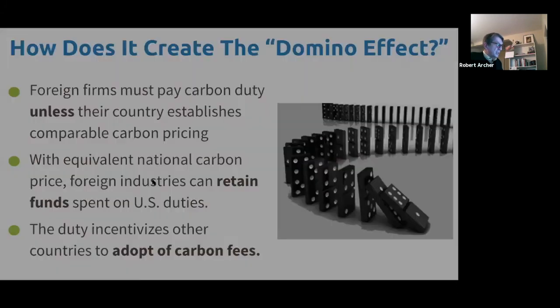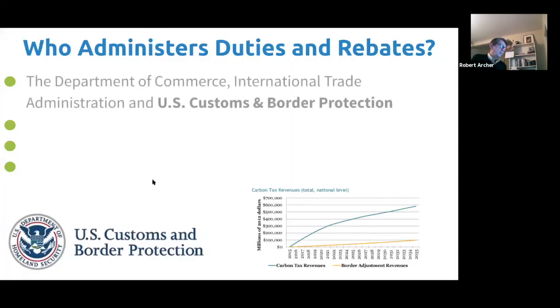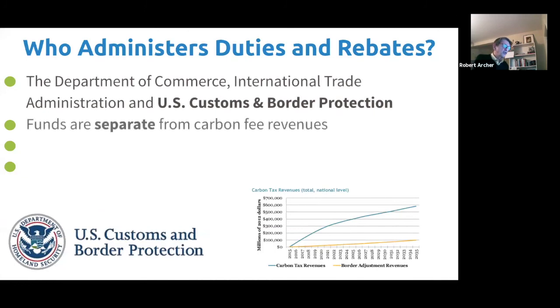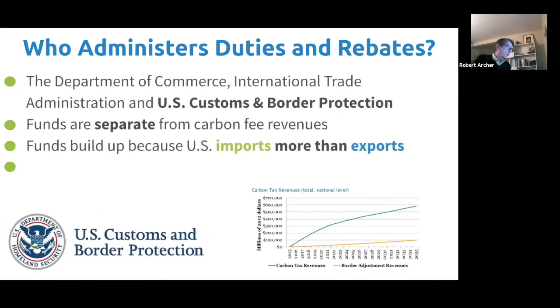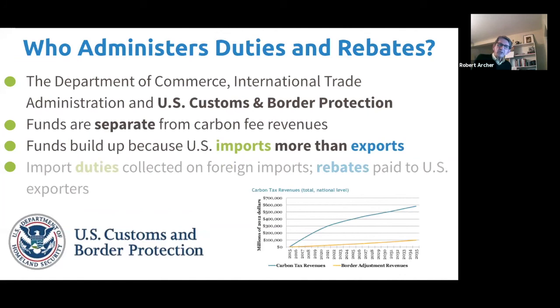Again, existing institutions administer the process: the Department of Commerce, International Trade Administration, Customs and Border Protection. The funds are separate, they're collected, not part of the carbon fee on CO2, and the funds cover administration costs. The US imports more goods than it exports, so the funds are going to build up over time.